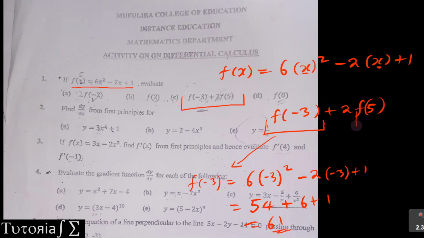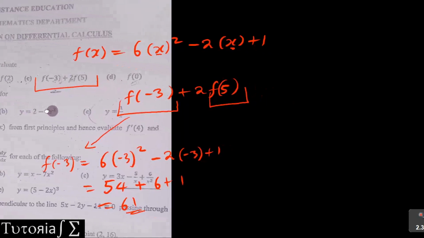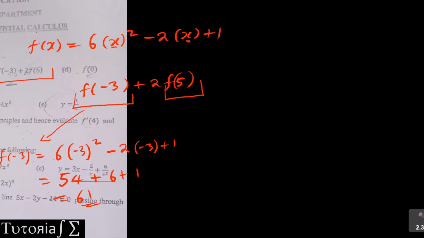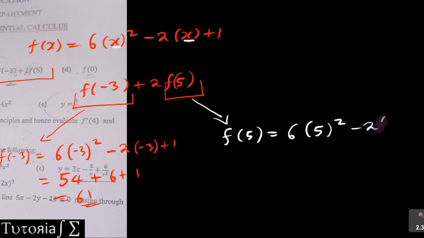Then we also need to find f of 5. So basically, our f of 5 will be equal to putting 5 here where there is x, so here and here, so that would be 6, open brackets, 5 to the power 2 minus 2 times 5 plus 1.